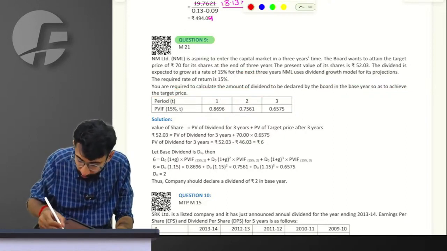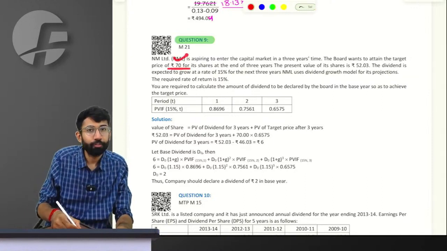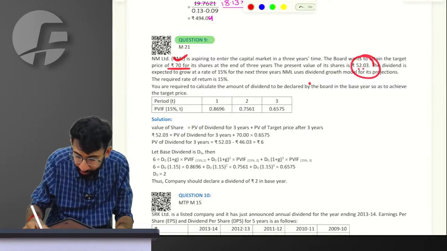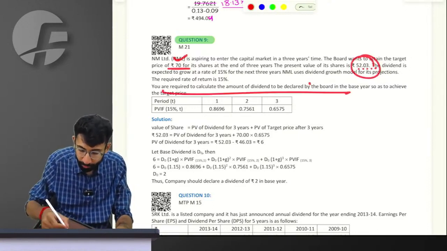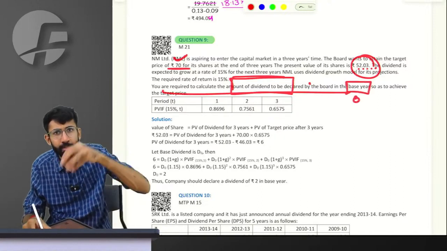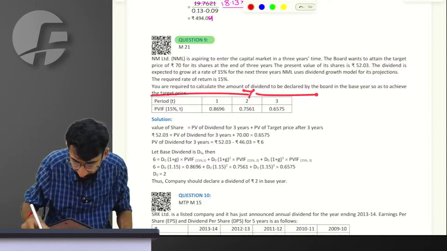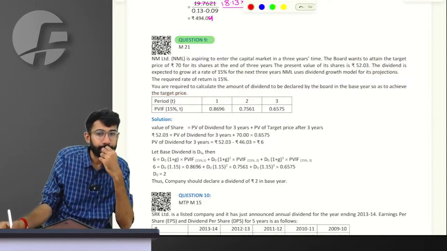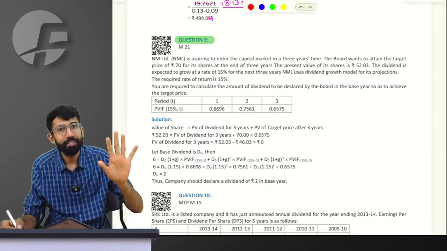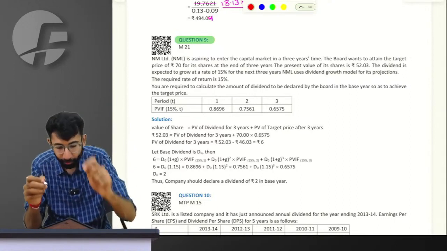If you want to achieve the target price of 70 at the end of the third year, where the price of 52 is already there today, how much dividend should I declare in the base year, which means today? Sir, this question feels incomplete. Think. I will anyway guide you. I want you all to first listen to me and then I will give you time to think.